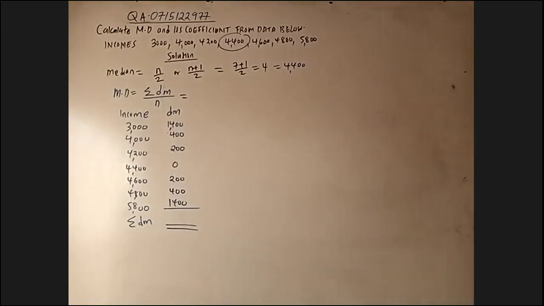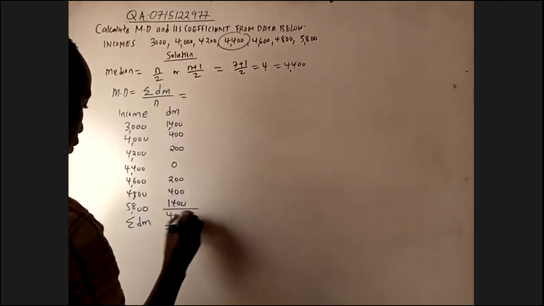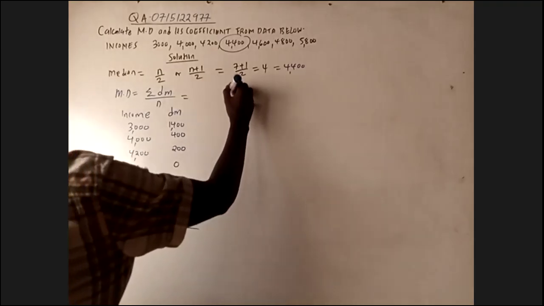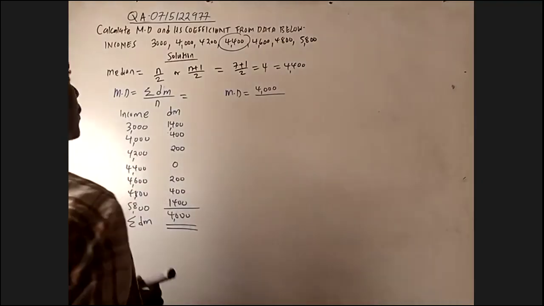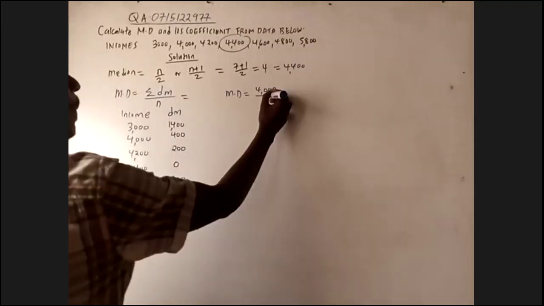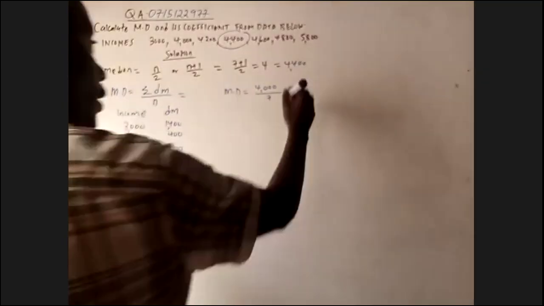Total summation of DM: add all, 1,400 plus 400 plus 200 plus 200 plus 400 plus 1,400. How much do you get? 4,000. Now MD: you divide 4,000 by the number of items, 7, which is 571.43. So this is our MD.